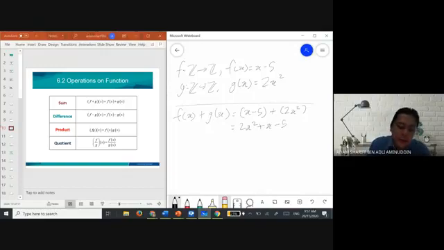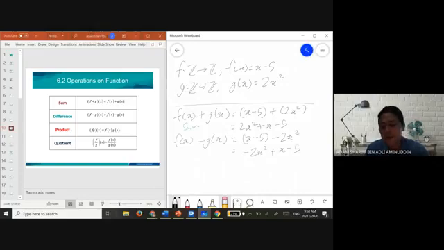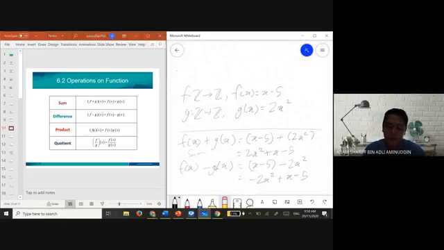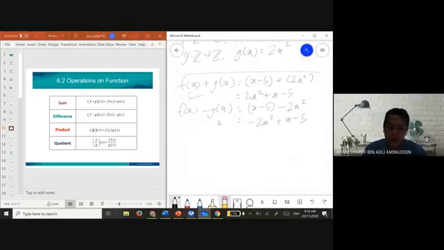This is for the sum. For the difference, it is not symmetrical, so x minus 5 minus 2x squared becomes negative 2x squared plus x minus 5. Also simple. You just subtract, make sure your algebra is strong there.